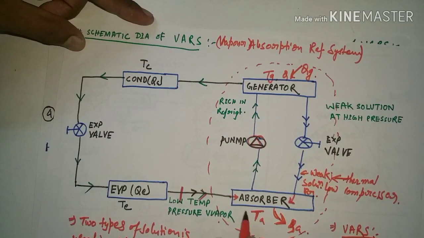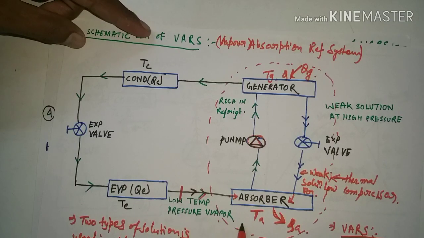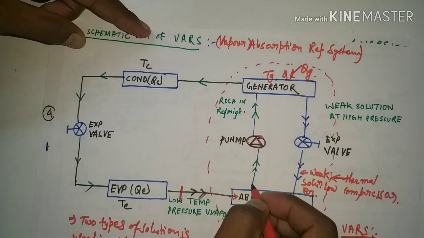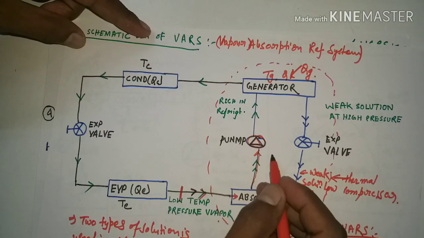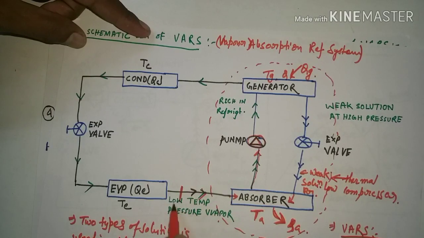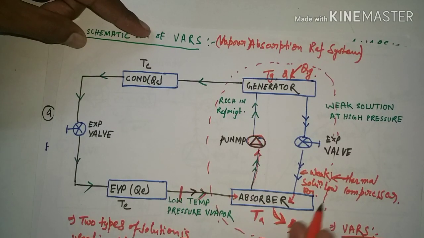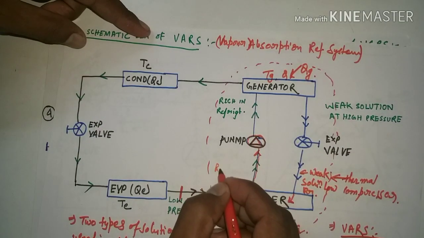By combining this weak solution and the low temperature, low pressure refrigerant vapor, it goes to the suction of the pump. When this low temperature, low pressure vapor is mixed with the weak solution, it automatically becomes a rich solution.